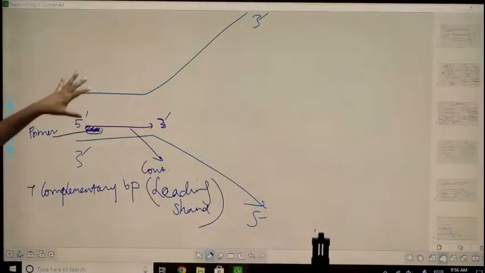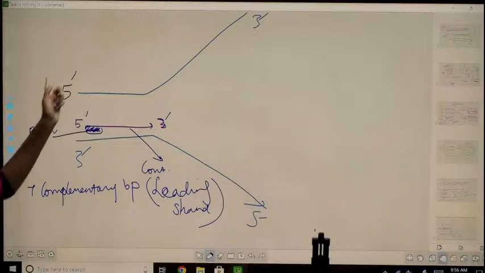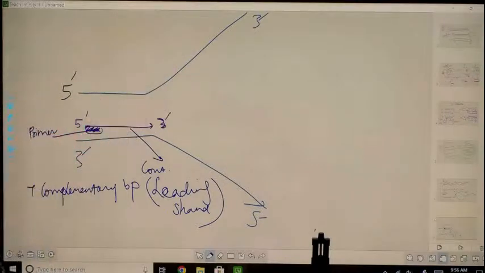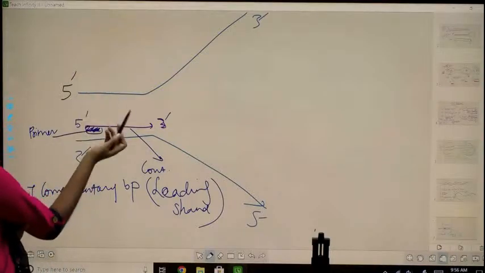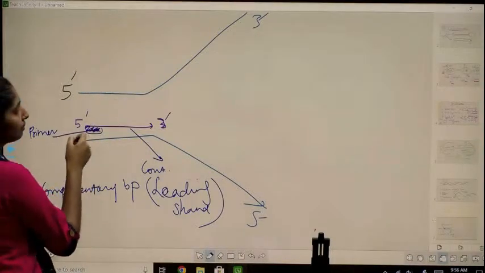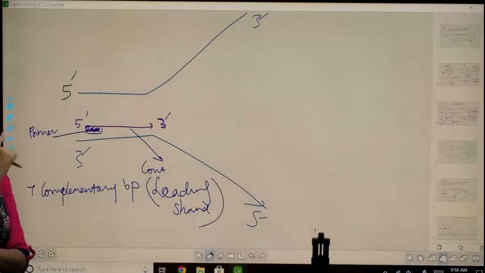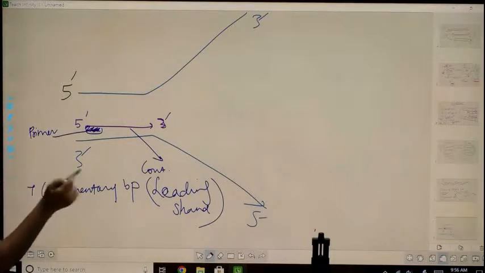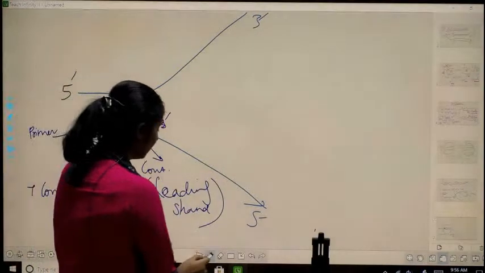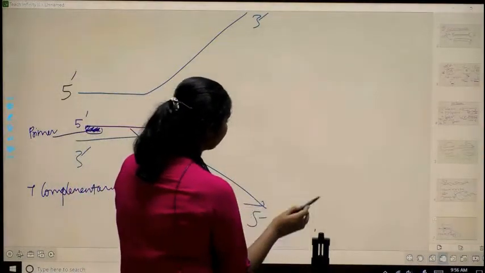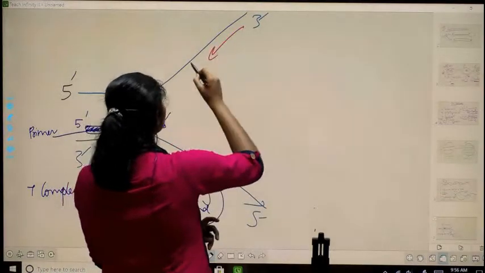Whereas in the template strand that is going from 5' to 3' direction, how will the strand be produced? It will be produced in the opposite direction, right? 3' to 5'. But we know that DNA polymerase only grows a chain in 5 to 3'. As a result, the synthesis here is a bit different. Here there would be discontinuous synthesis.